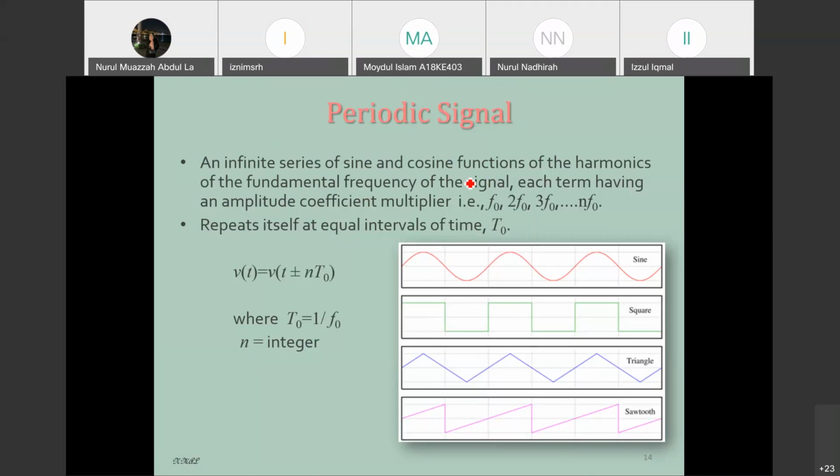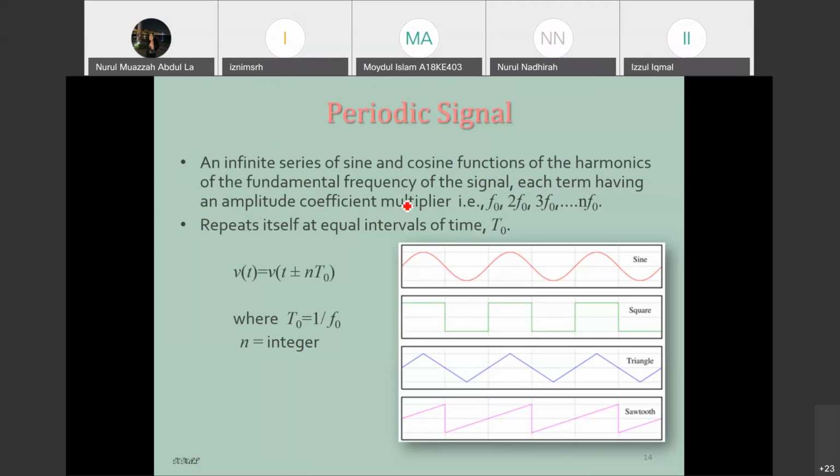Each term has an amplitude coefficient multiplier. It means that for this harmonic signal, we have one fundamental frequency. Fundamental means the smallest frequency for that signal. And for the other frequencies we have an amplitude coefficient multiplier based on that fundamental.